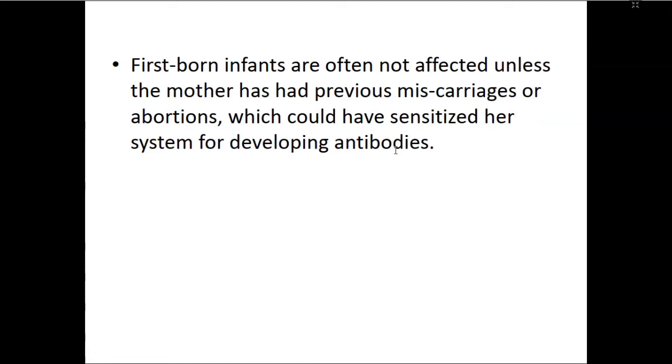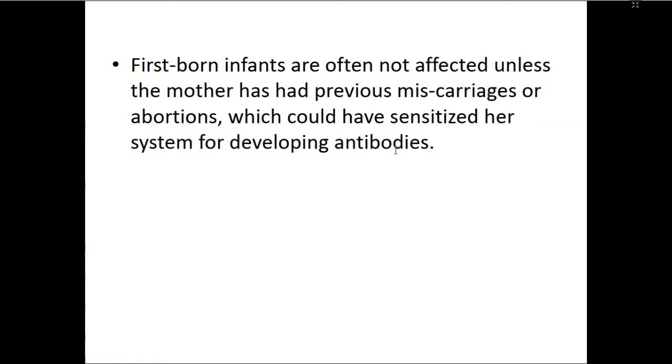During the labor process, during the birth of the first baby, some of the blood cells from the fetus can cross through the umbilical cord to the placenta and ultimately reach the mother's circulation. This can cause sensitization of the mother's immune system that may result in the formation of IgM antibodies.